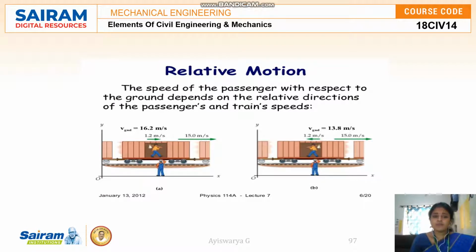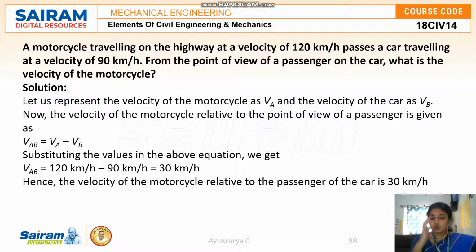Okay, and as I said, I have given you an example of a person who is moving inside the train. If the train movement and this movement are in the same direction inside the train, you have to add both velocities, but if the train movement and your movement are in opposite directions inside the train, you have to subtract the relative velocity.